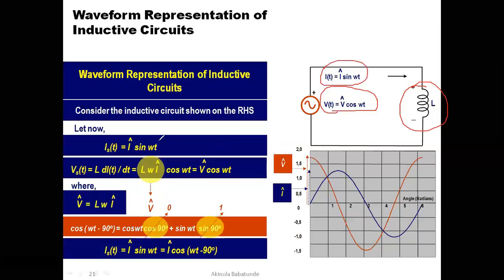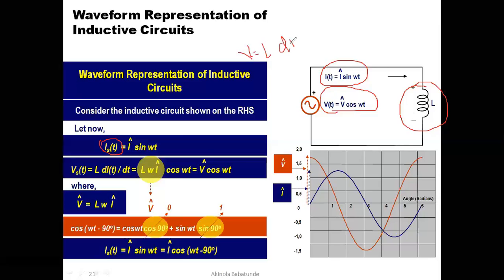This is very important by definition: the source current is equal to I sin WT, where I, with a hat on top of it, still remains the amplitude of the current. So Vs of T, according to inductive circuits, we had said long before that V is always equal to L di dt.